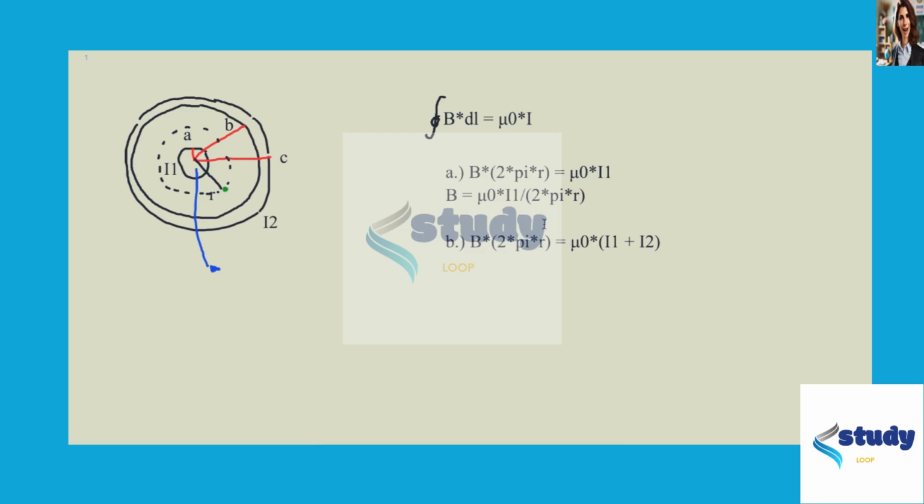But since they're in the same direction, we can simply add them. And that means that when we solve this for B, we get B equal to mu naught times I1 plus I2 divided by 2 pi r, where now r is outside of the cylinder.